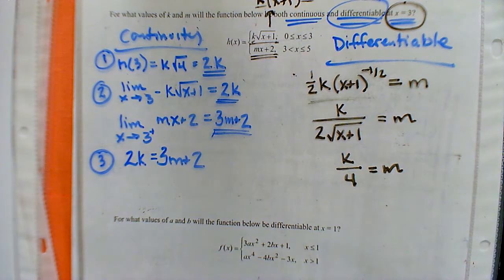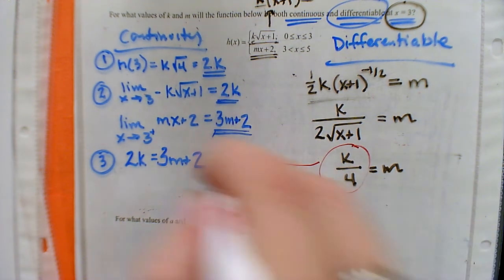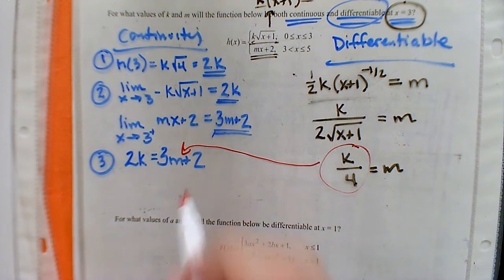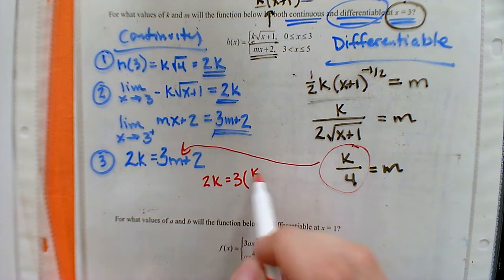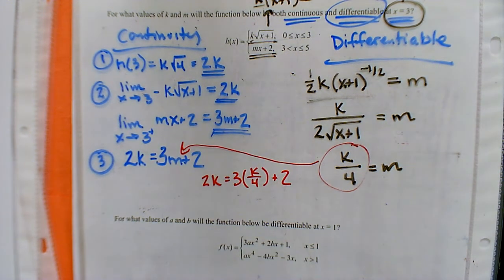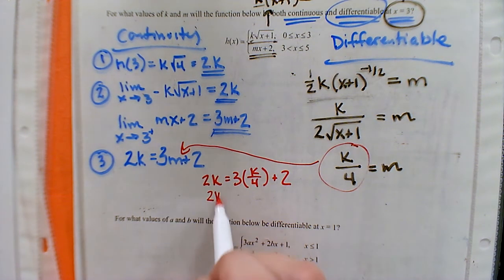We kind of did something like this earlier this year. Yeah? Would you be able to do that equation instead of the other one? Yep. If m is k divided by 4, we can plug that in. Substitution. All right, so we should be able to solve for k. Let's see.